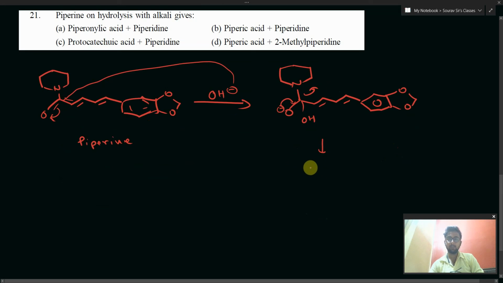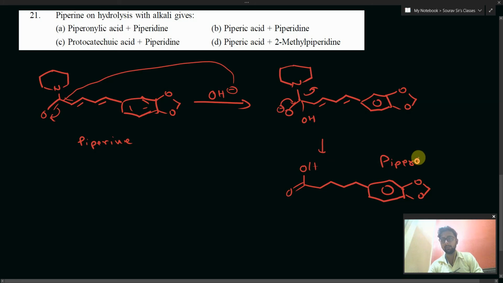So first of all we will be getting this compound, the name of which is piperic acid.